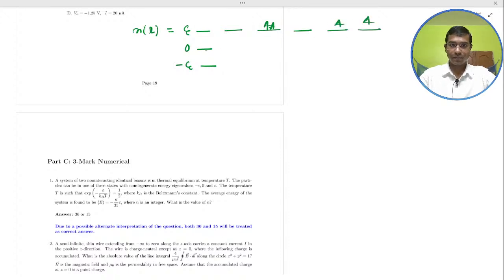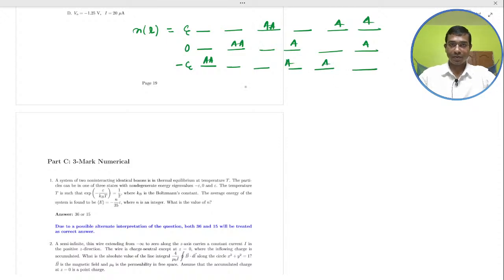For 0, twice A, and the A. And for minus epsilon, twice A, this is the configuration.